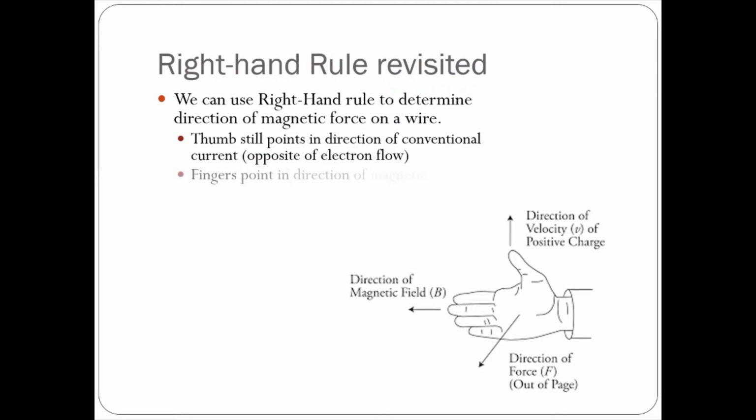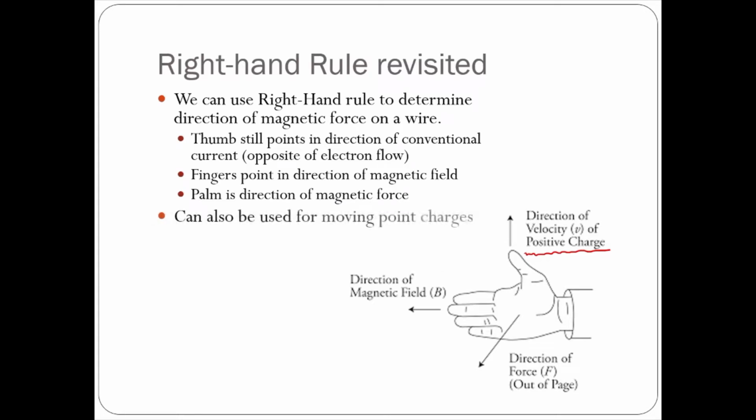So the thumb will still point in the direction of the conventional current, the direction of positive charge. If this was a single charge, then this would basically be the direction of motion. For a charge in a wire, it'll be the direction of the current.